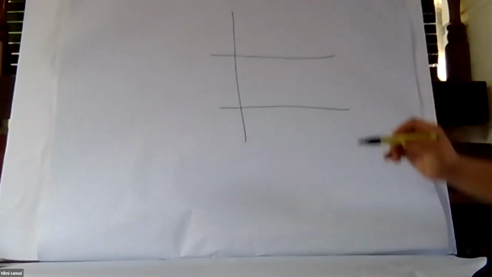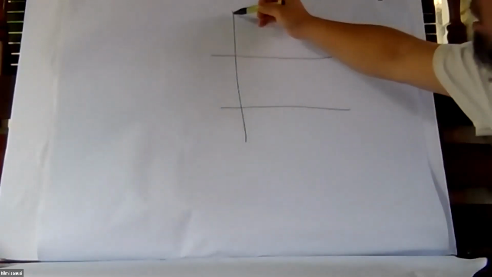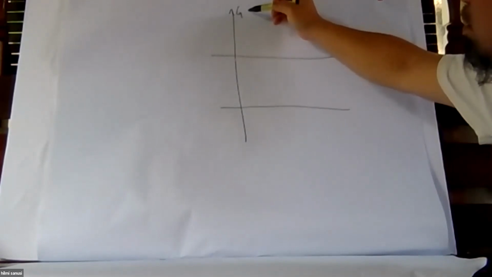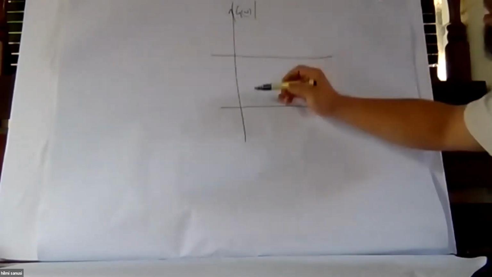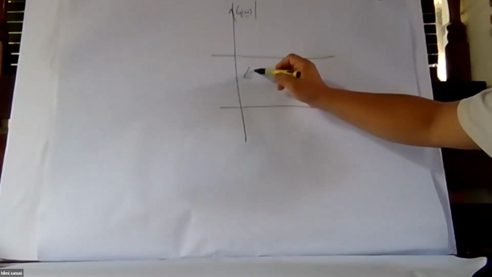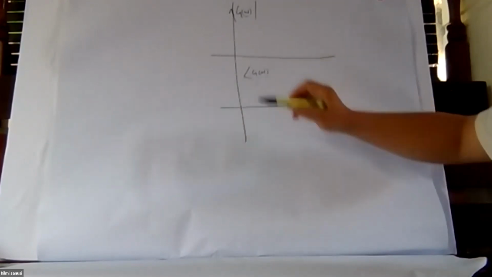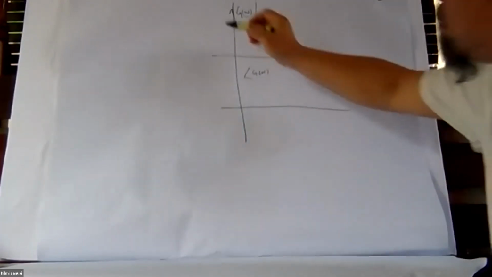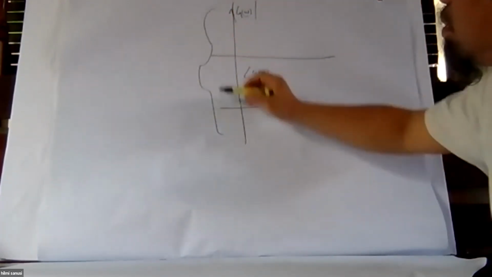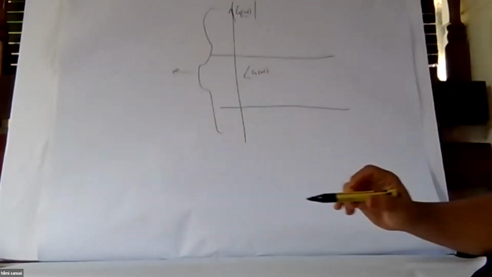So tak apalah. Dalam frequency domain kita ada dua benda yang kita nak tengok. Satu gain, satu lagi phase. So from these two, kita boleh reflect dia dalam time domain.